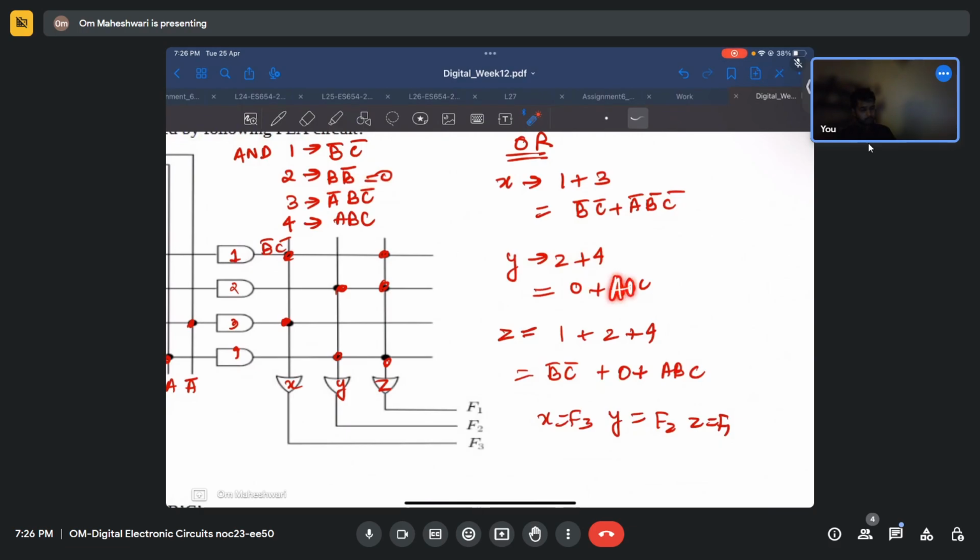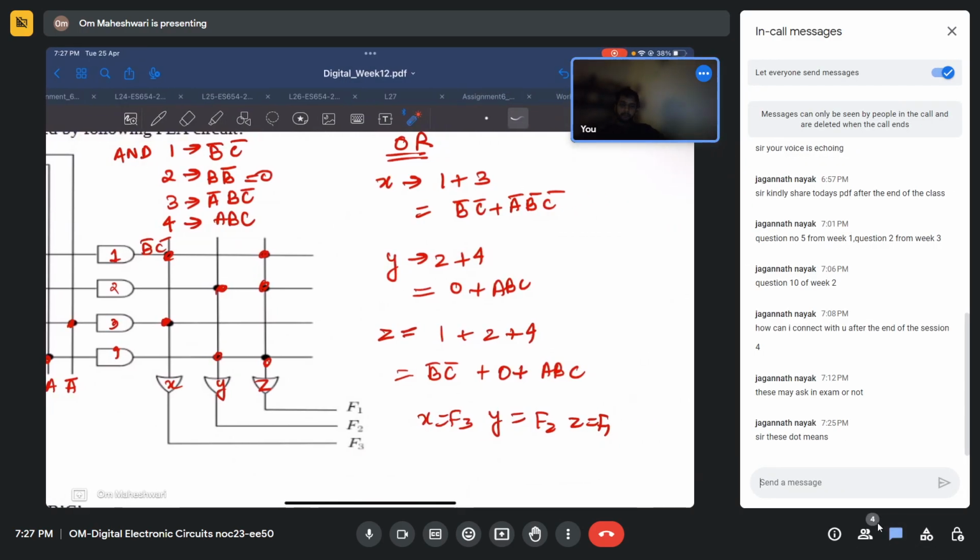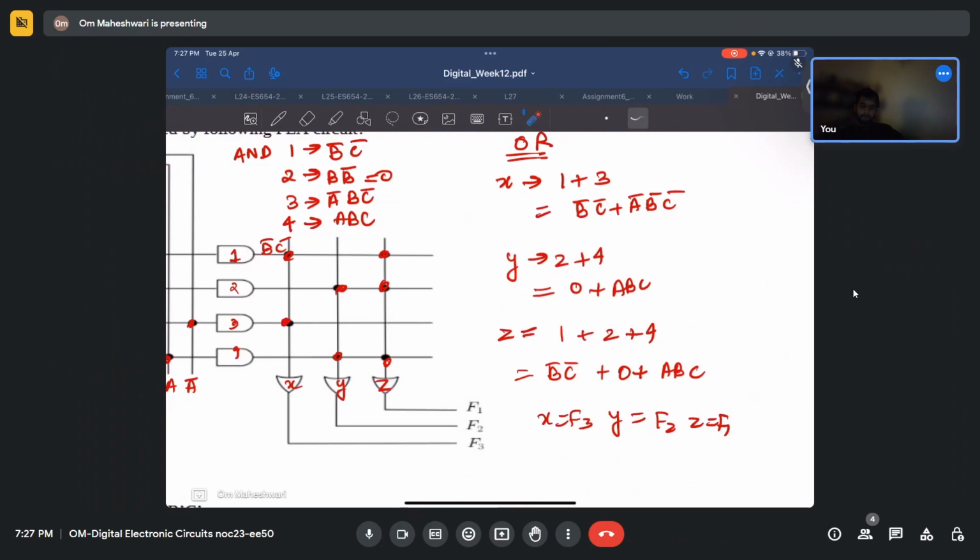Fourth is ABC. So dots are just connections. Is it clear? I hope it is clear. If not, please do ask again.